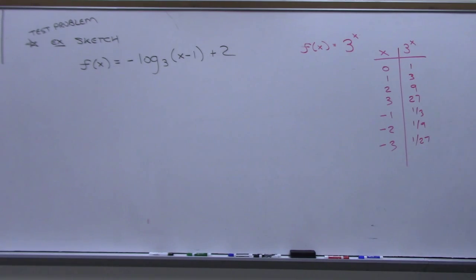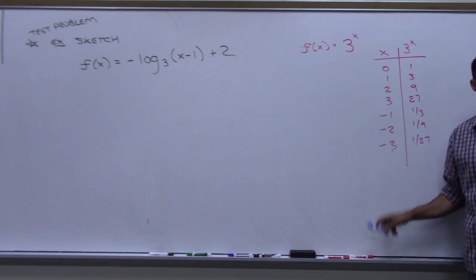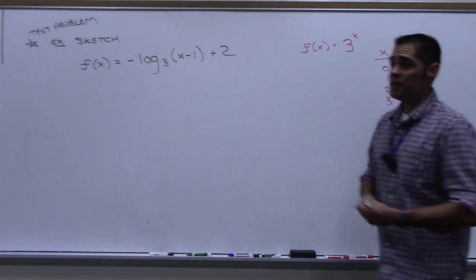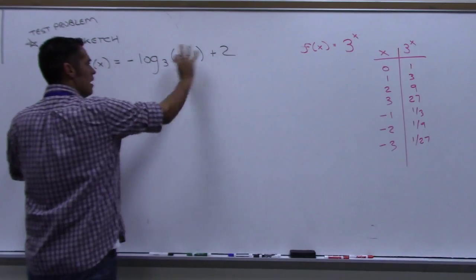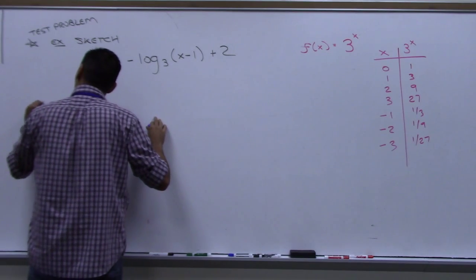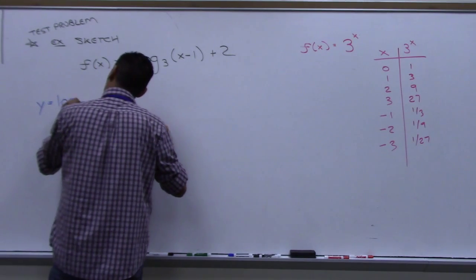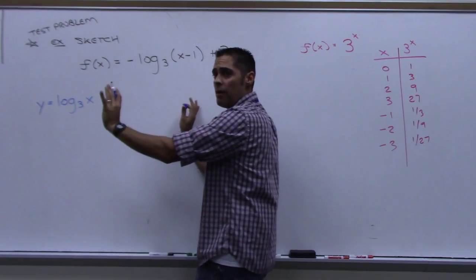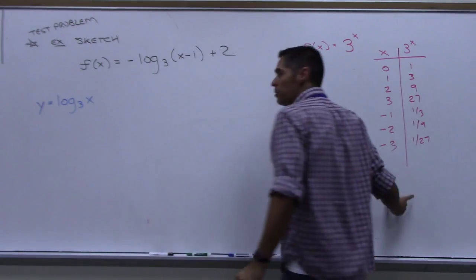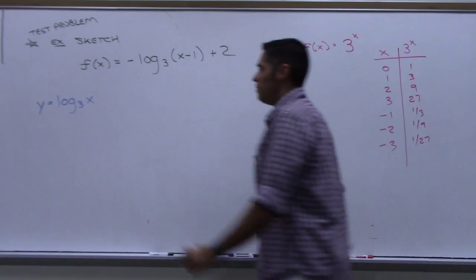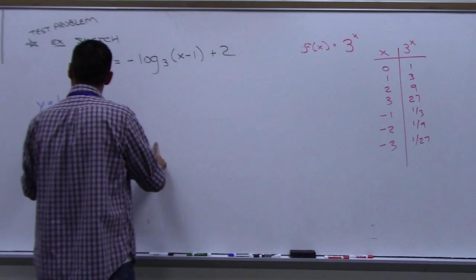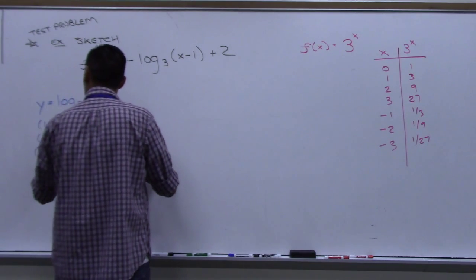We aren't interested in that one, are we? No. We're interested in this one flipped over, right? All these ordered pairs flipped over. So what I'm going to say is this. Not this function, but the log function, y equals log base 3 of x, without all of the minus 1, plus 2 and the negative out there, is just these points flipped over, isn't it? So I'm going to write those down. That is going to be 1, 0; 3, 1; 9, 2.